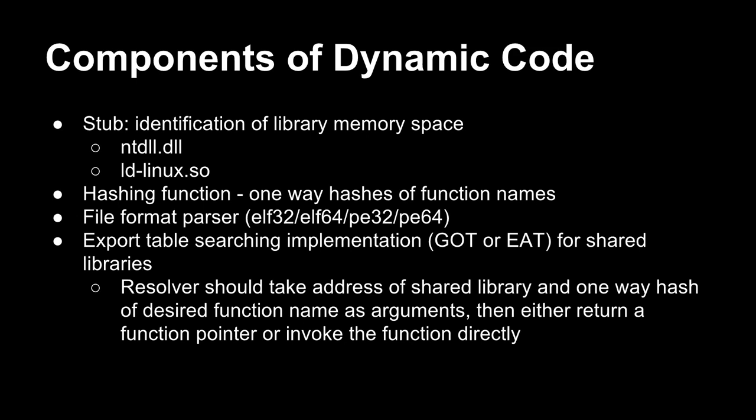It doesn't have to be anything fancy. It can be completely custom, but it has to be deterministic. Three, a file format parser such as ELF32 or 64 and/or PE32 and 64.